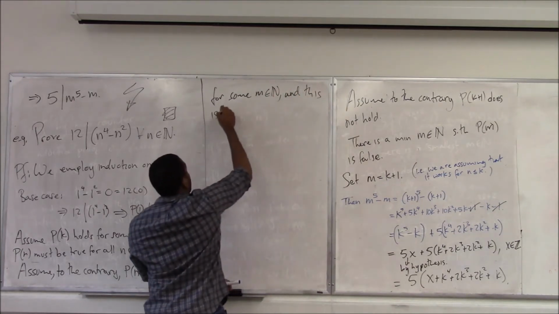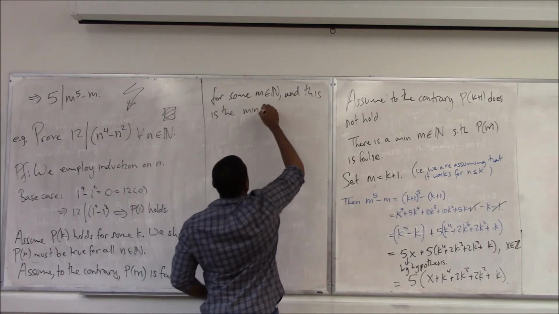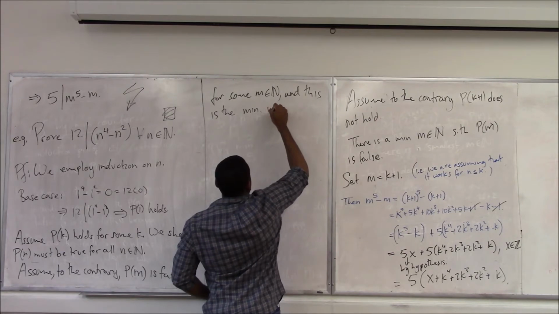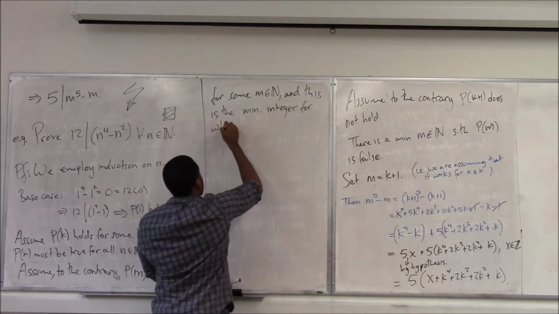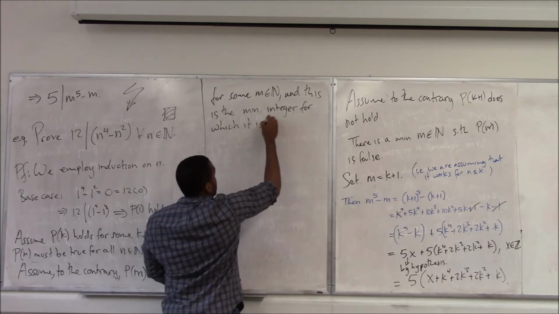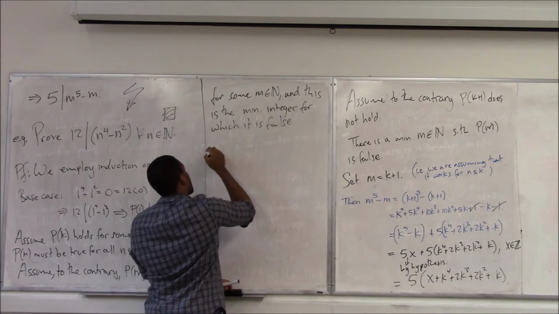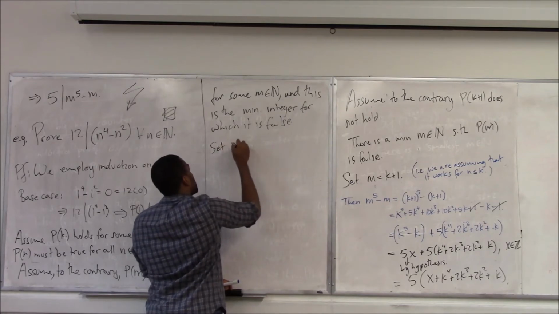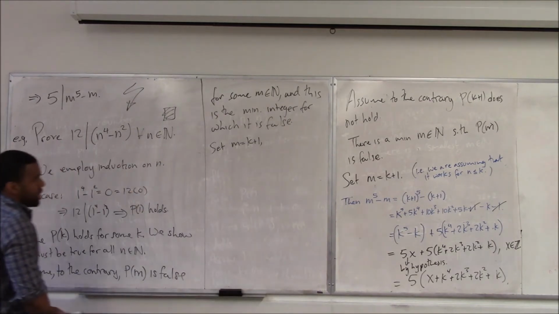This is the minimum integer for which it is false. So set n equals k plus 1, and we know it would work for k.